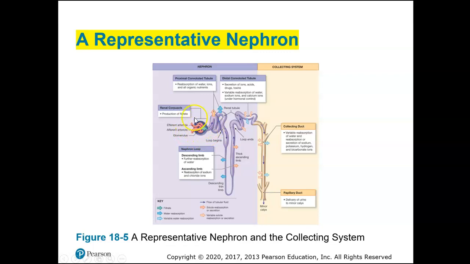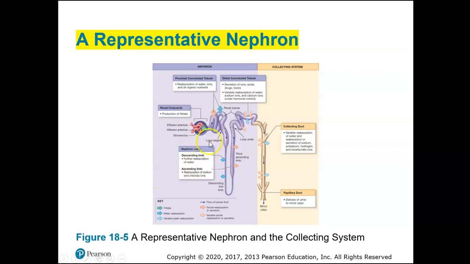It consists of the glomerulus, which is the collection of capillaries inside, and the cup here is not labeled. But anyway, we'll come back to it.